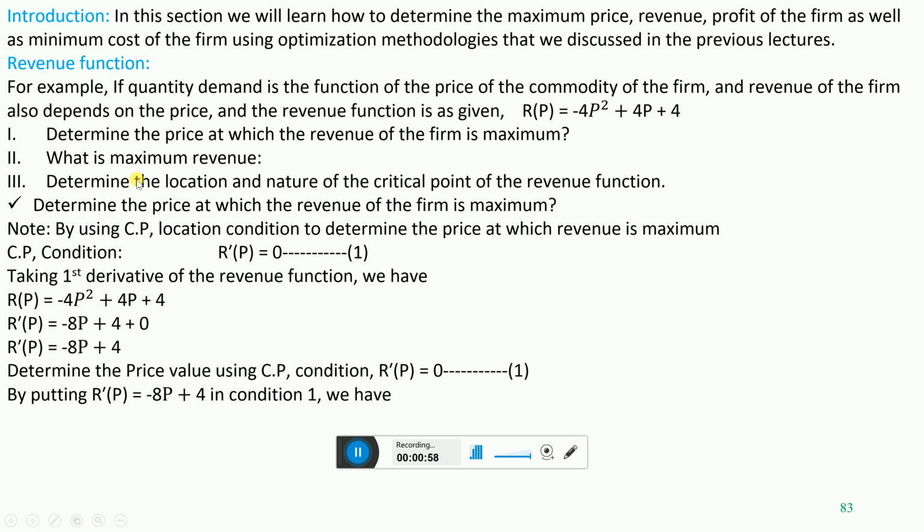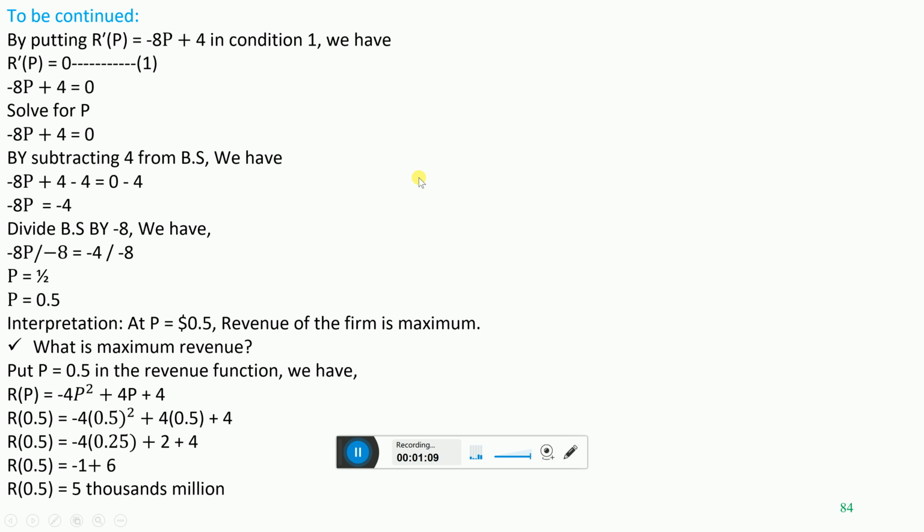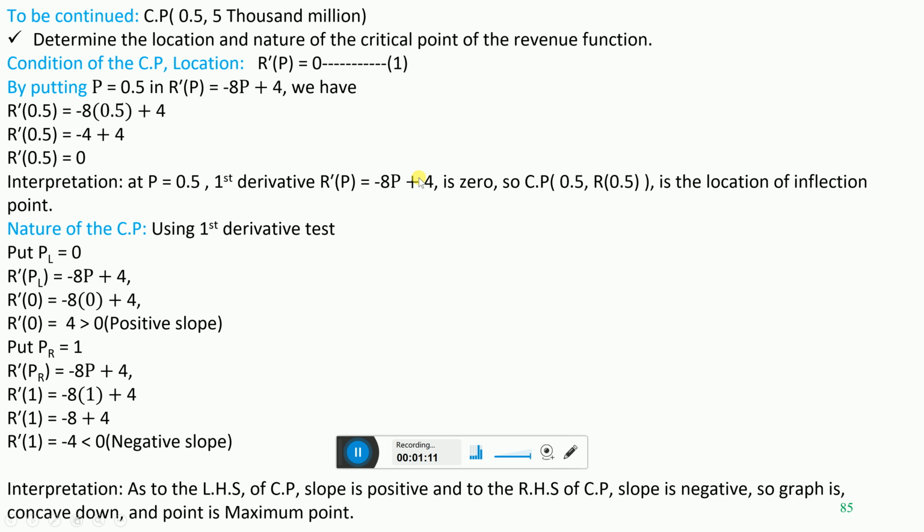In this lecture we will discuss the third part of this example: determine the location and nature of the critical point of the revenue function. Every point of the graph carries two values, one x, the other y.